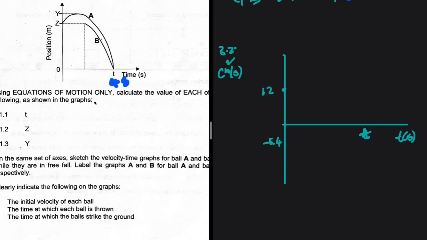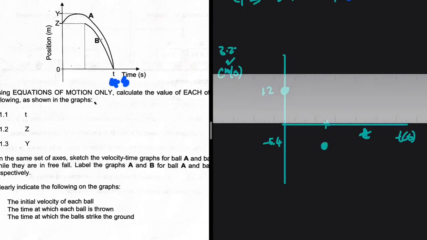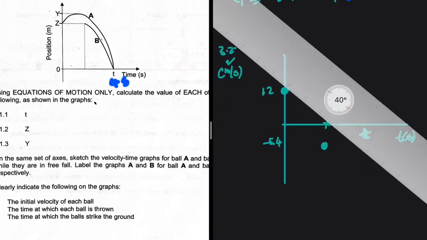And then the second ball is projected 2 seconds after. B is projected 2 seconds after. So here we have ball A. Ball A starts there. And then ball B will start somewhere here, which is 2 seconds after. So what happens to ball A? Ball A reaches maximum height after some time, and then it goes on to strike the ground at time t, which is somewhere there.